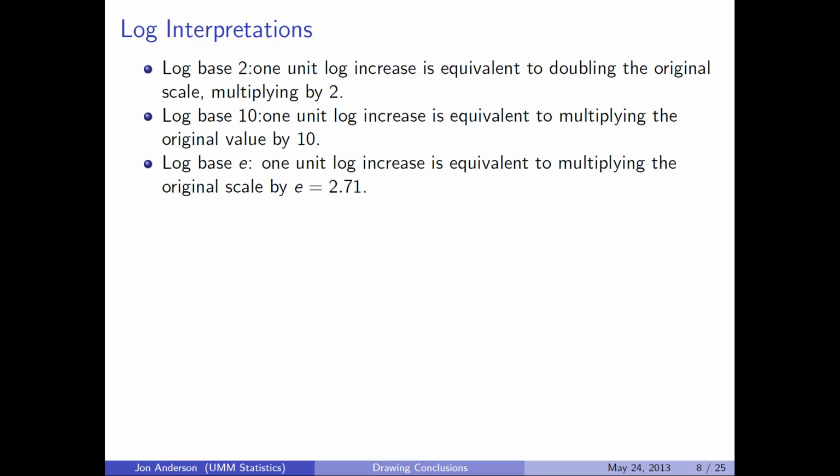If we're doing things in log base e, natural logarithms, we are increasing a predictor by a factor of roughly 2.71. So make sure you use the appropriate interpretation when you have logged predictor values. Because of the ease of interpretation, most of the time we're going to be using logs base 2 in this class.